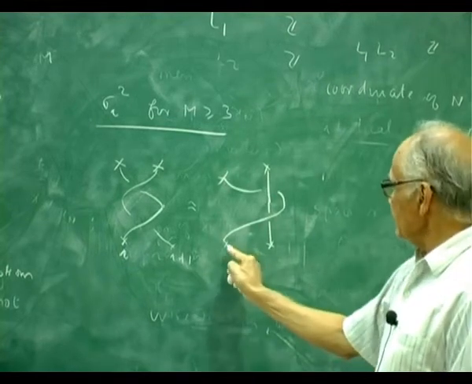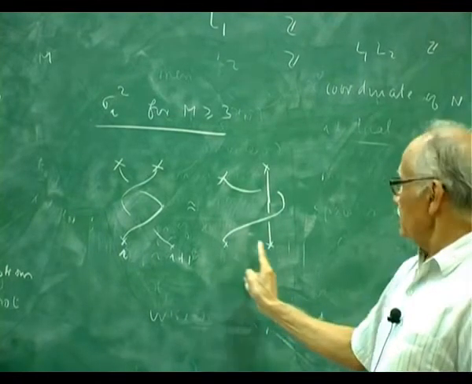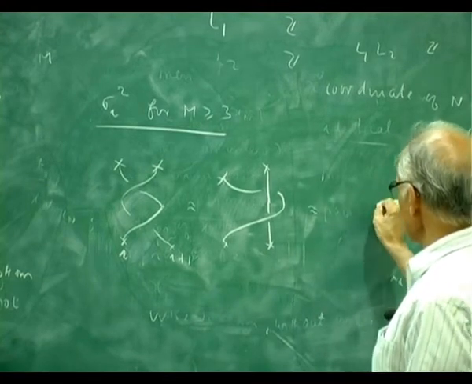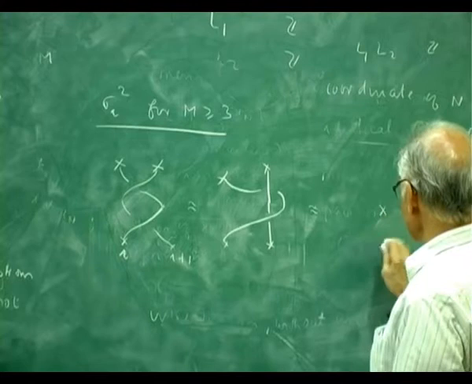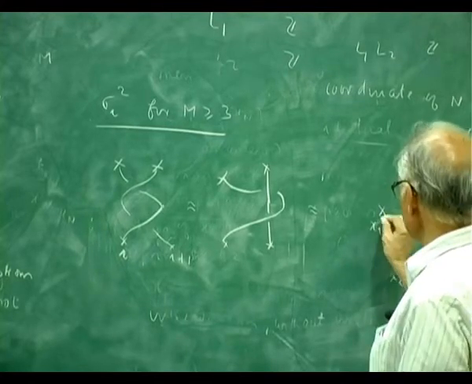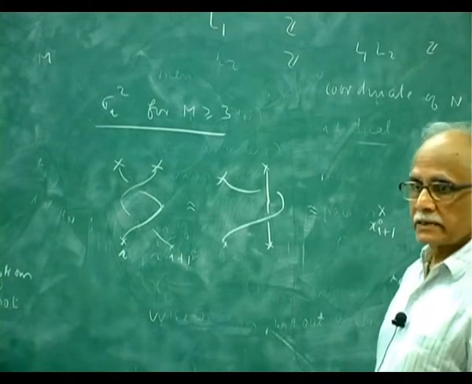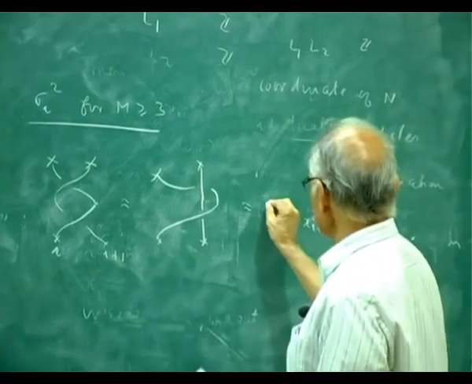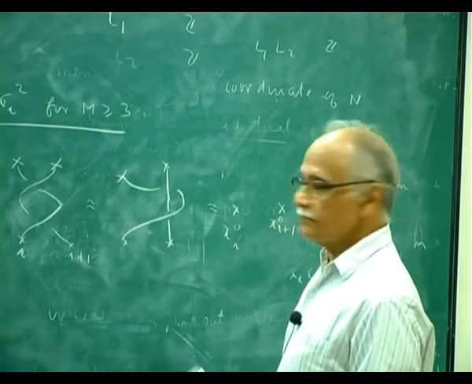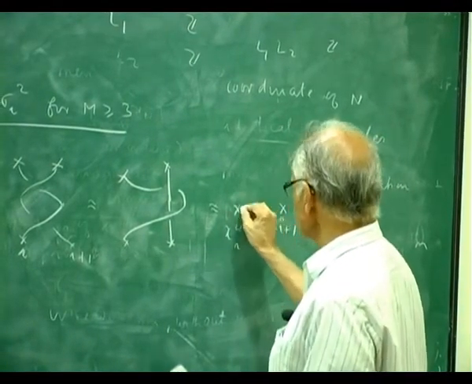So what I have done is, this is equivalent physically in 3 dimensions. I got this i plus 1 coordinate, x_{i+1}, and this point has started at x_i and gone right around.